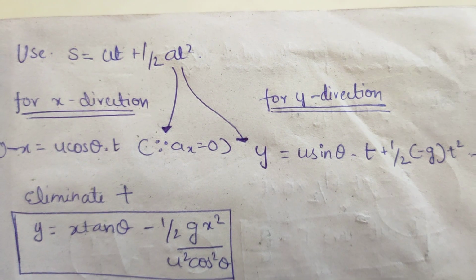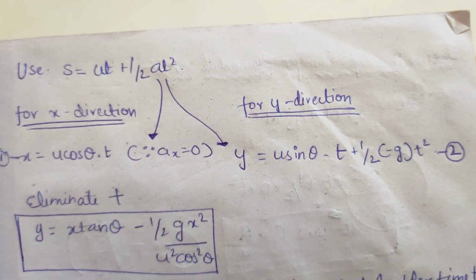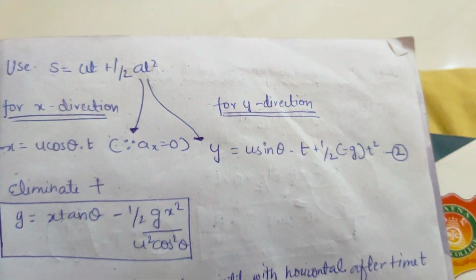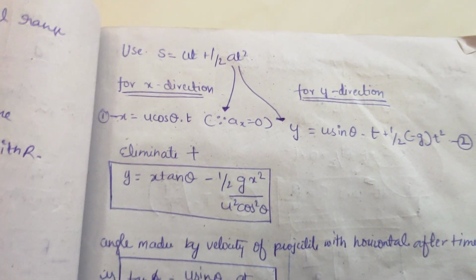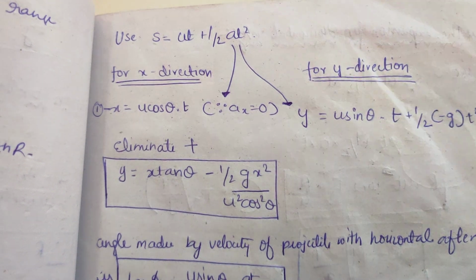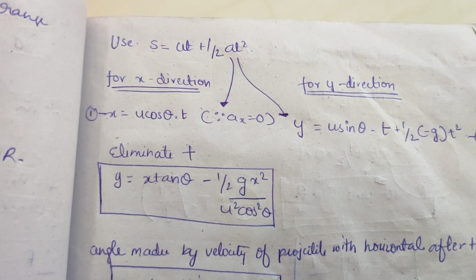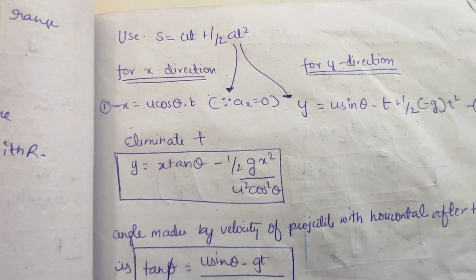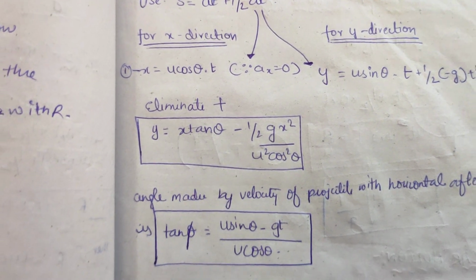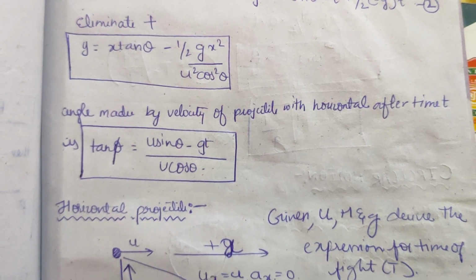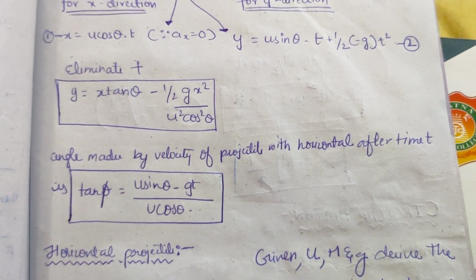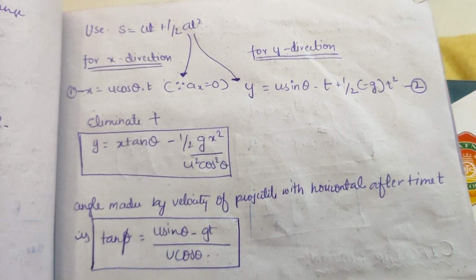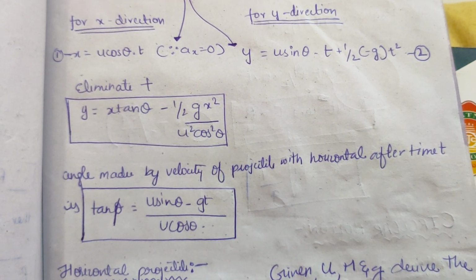Then y equals u sin theta into t plus half into minus g t square. That is the second equation. Now here the elimination will occur. Then y equals x tan theta minus half into g x square by u square cos square theta. Now the angle made by the velocity of the projectile with the horizontal after time t is tan phi equals (u sin theta minus gt) by u cos theta.